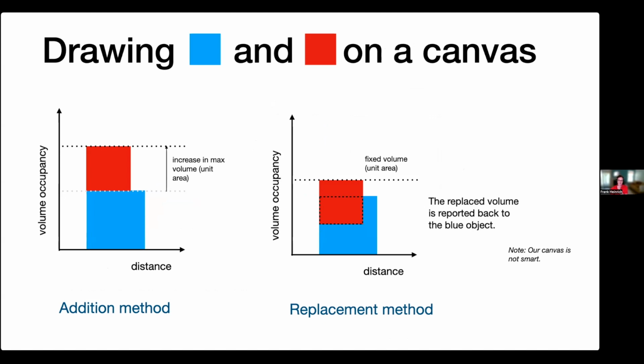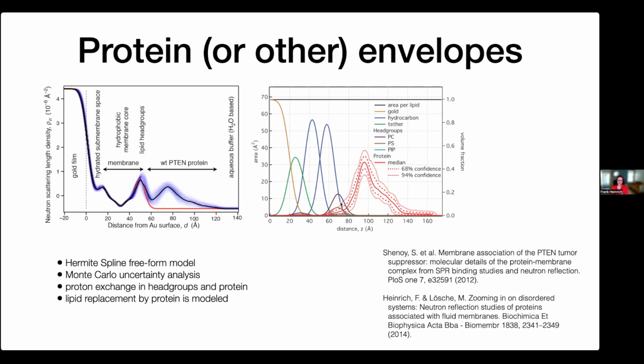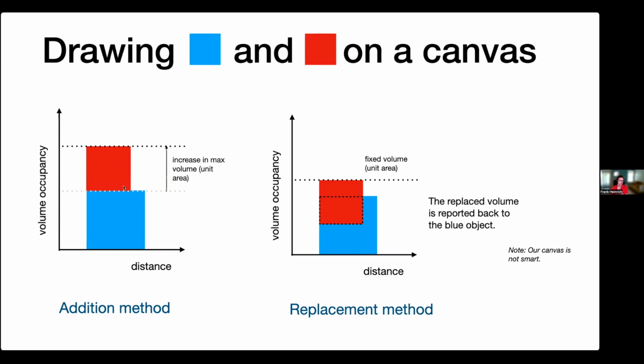So each of those objects, now we have to talk a little bit about implementation here. Each of those objects has the ability to draw themselves on the canvas. And there are different methods for how this is being done. So one mode, in terms of modeling, is just the addition method, where if you have two things like a blue and a red square in this case, you want to draw them both on the canvas. That could be the bilayer, this could be the protein or anything else.